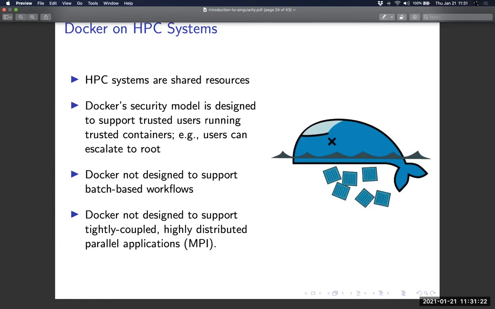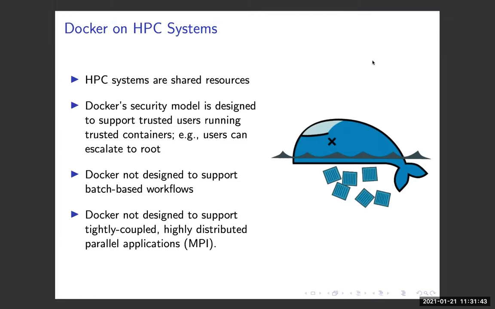And in most HPC systems, the system administrators don't even trust the users, right? Because we don't allow you to have root access or sudo access to install your own software that way. You're probably familiar with that if you ever tried to sudo apt-get something onto one of the XSEDE systems. You can't do it, right?